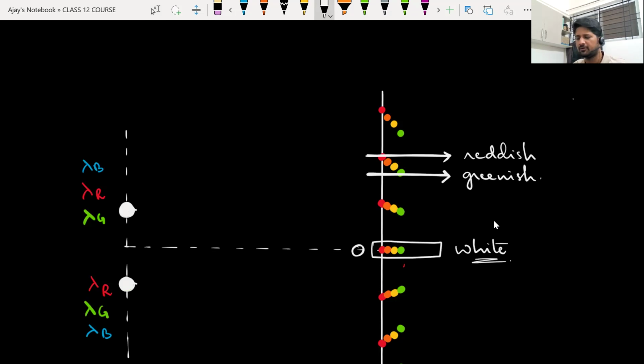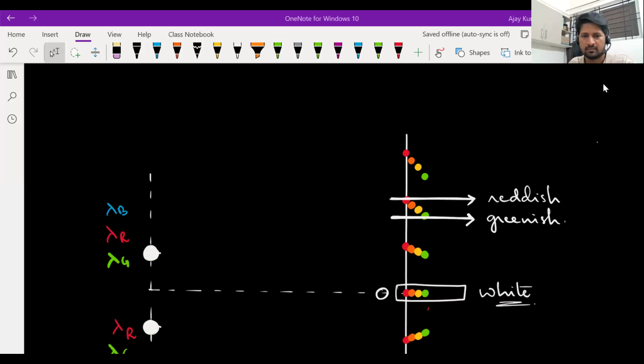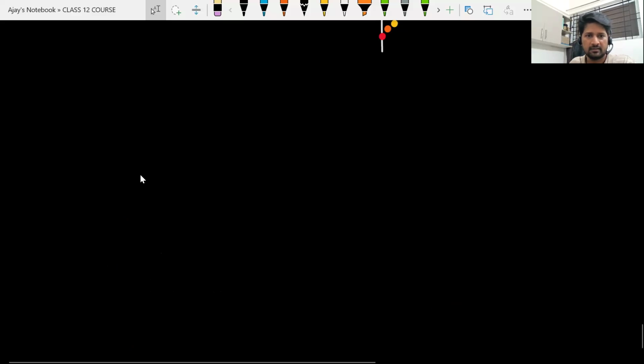Other colors also will be present, but green will dominate. Fine. Just a moment, I'll show you the pattern. Right. So when both sources emit white light, the pattern you see on the screen is this.